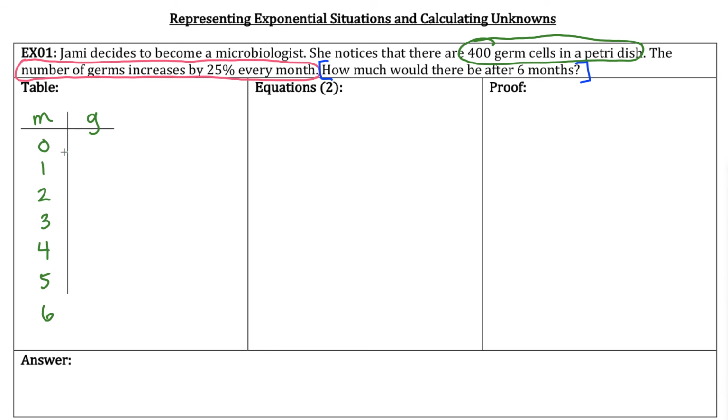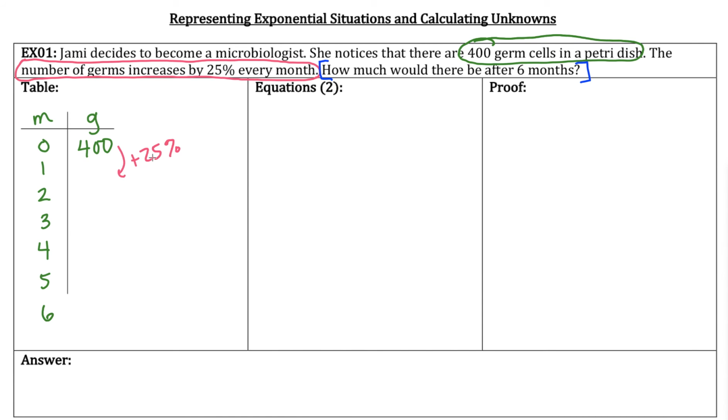Okay. Now we start off with 400 germs. And it increases 25% each month. Now that's the part we've got to think about. We can't just do plus 25%, nothing like that.